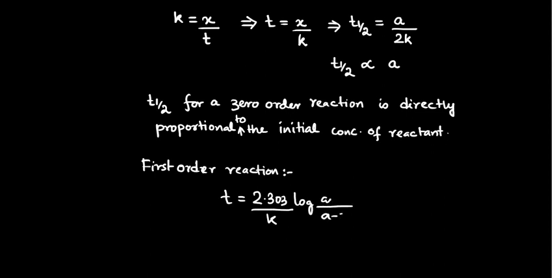A represents the initial concentration of the reactant and A minus x represents the remaining concentration of reactant after a time interval t. So when t becomes t half, we can write it like this: 2.303 by k log A by A minus x. So A minus x is A by 2 because half of it is complete, so half of it is remaining.